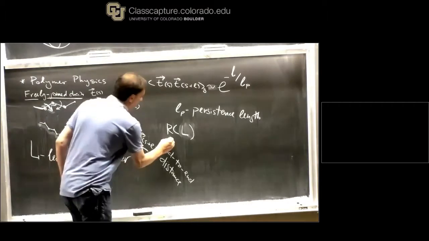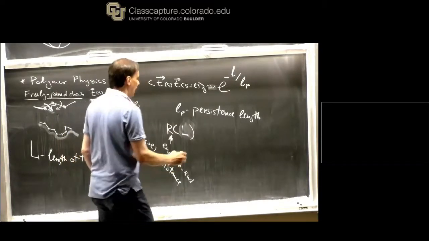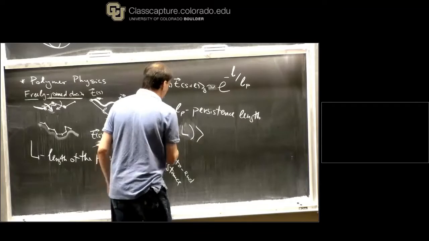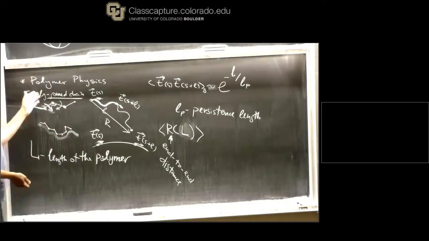I want to know the end-to-end distance as a function of the length, averaged over all possible conformations of this polymer. In this case, in equilibrium, there is no energy, there are no constraints.